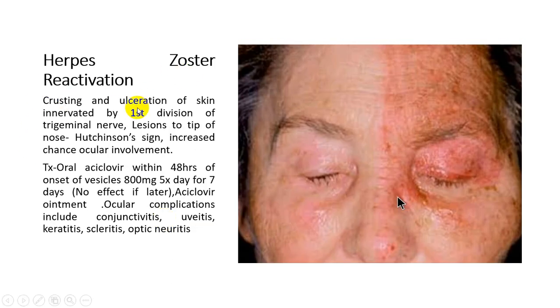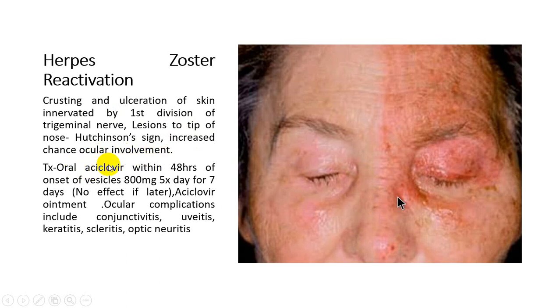And herpes zoster reactivation: it is crusting and ulceration of the skin innervated by the first division of the trigeminal nerve. A lesion at the tip of the nose is the Hutchinson sign. It increases the chance of ocular involvement.